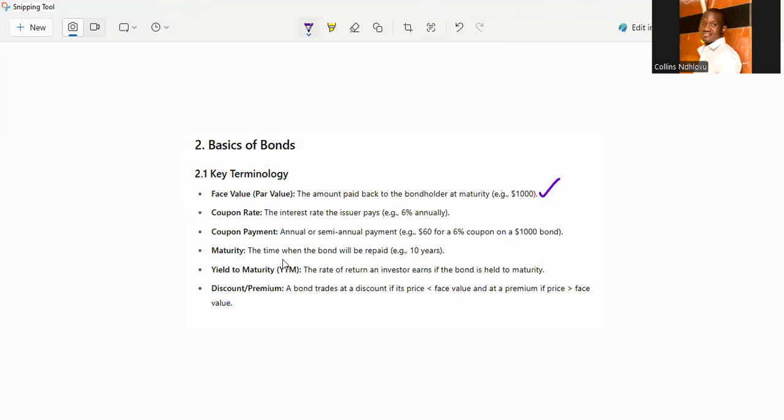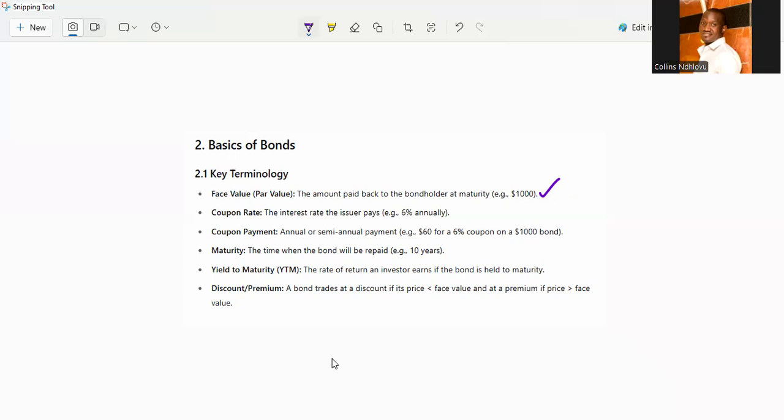Then we also have YTM, which is the yield to maturity. It is the rate of return an investor earns if the bond is held to maturity. And we also have a discount or a premium bond. A discount bond is simply a bond that is sold at a discount, where the price of the bond is less than the face value.